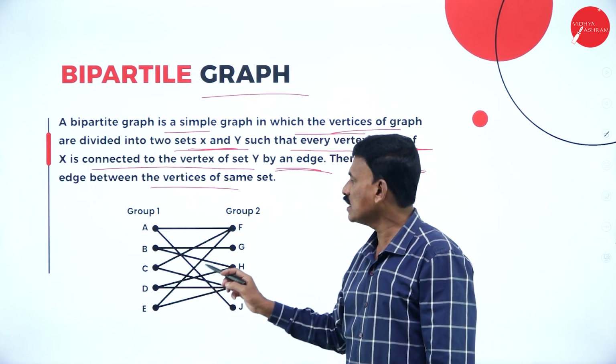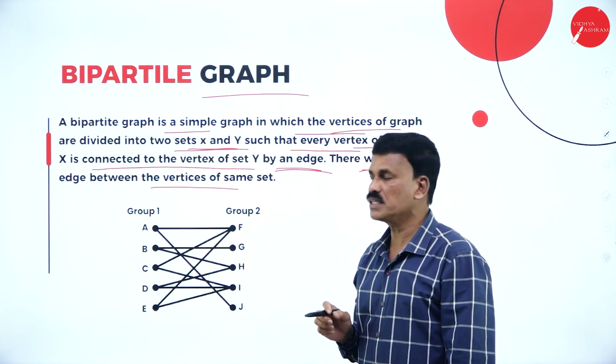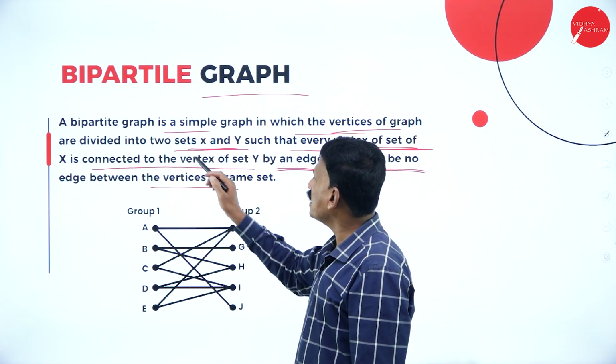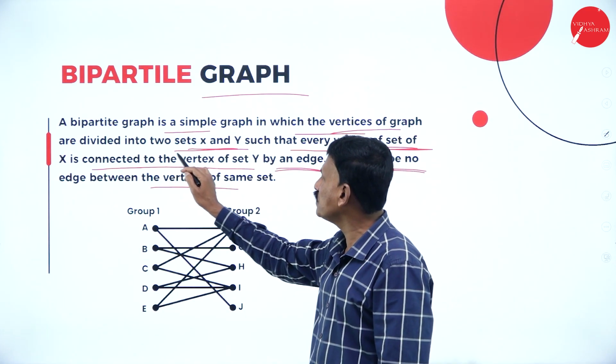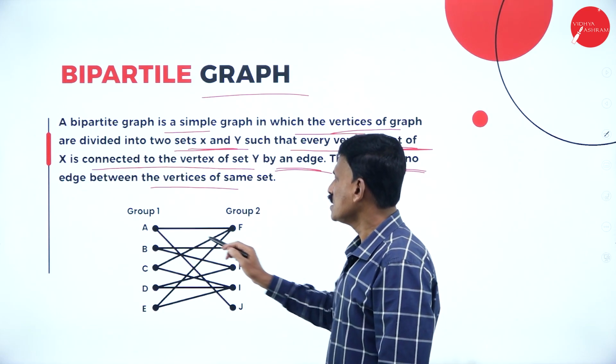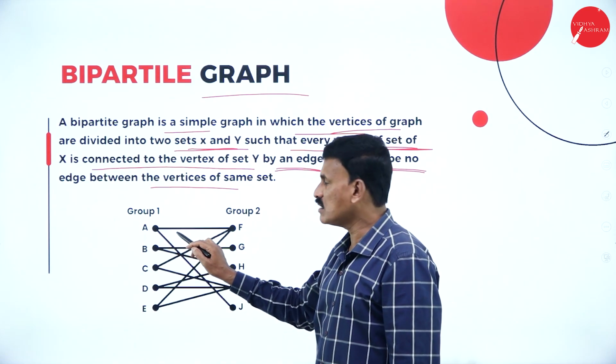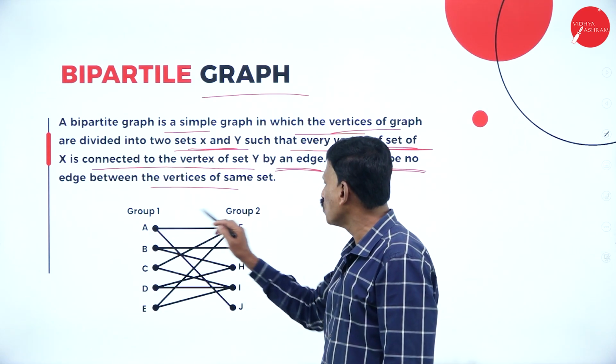Now let us consider two groups, group 1 and group 2. In this bipartite graph, the vertices are divided into two sets, group 1 and group 2.